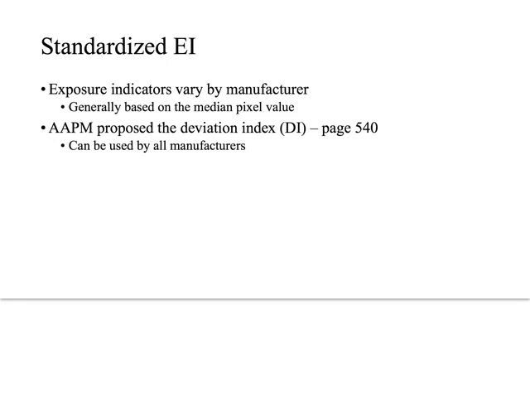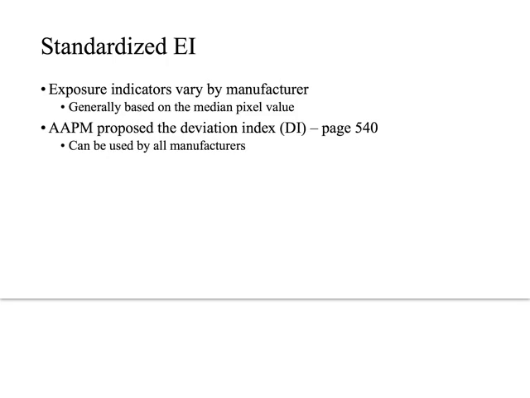So that sounds easy enough, but the difficulty is that we don't have standardized exposure indicators. If you're shooting images on an AGFA machine, the numbers that it reports will be different than Fuji or Siemens or just about any other kind of machine you could be working with.